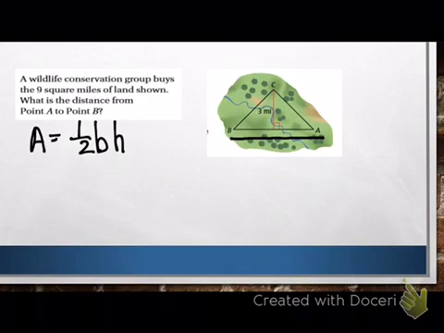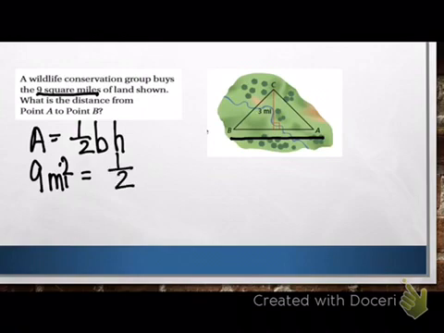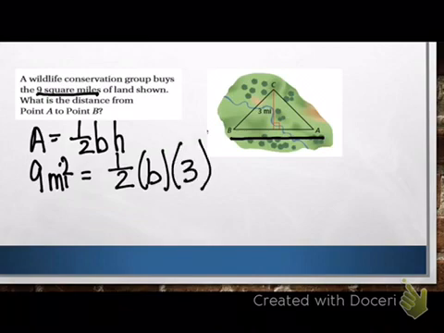And now we know the area. It told us in our story problem, the land they bought is 9 square miles, and we know area is always in square units. So 9, you could put miles squared if you want, is equal to 1/2, we don't know the base, that's what we've got to find out, times the height, and they told me the height is 3.